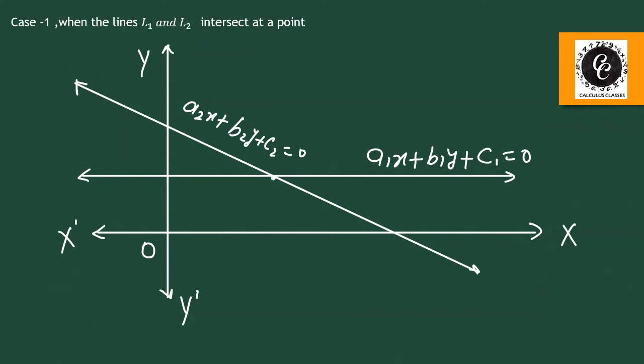So this is the case when intersecting lines produce only one solution. This is also known as the unique solution condition. Here I am giving you only the concept of the graphical method. When two lines intersect at a place, they produce a unique solution.